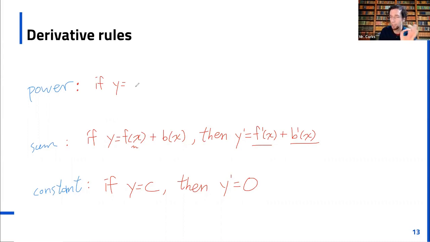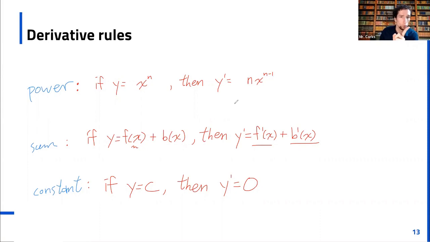More general, not just x squared, x to the power of n. Okay, so x to any exponent, we'll call it n, then y prime equals n multiplied by x to the exponent n minus 1.